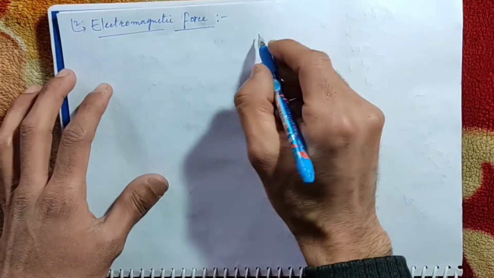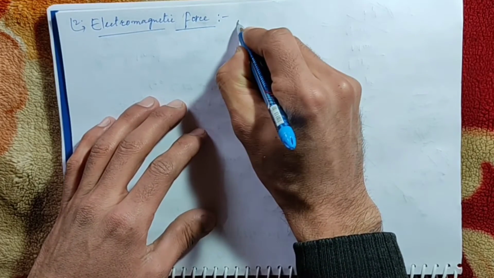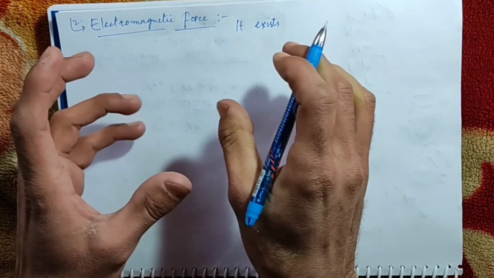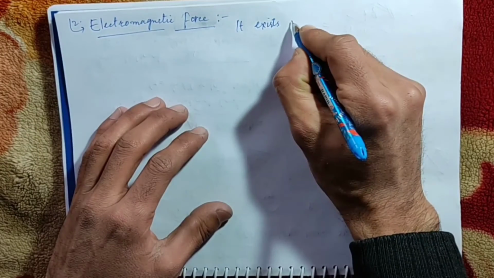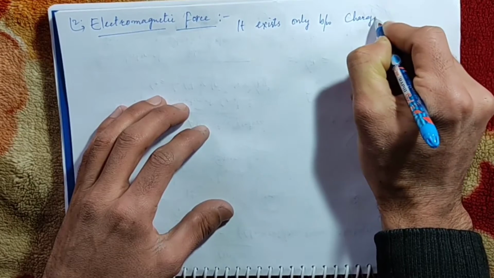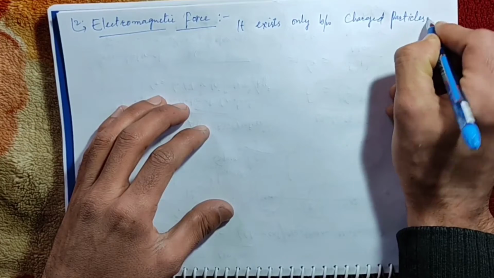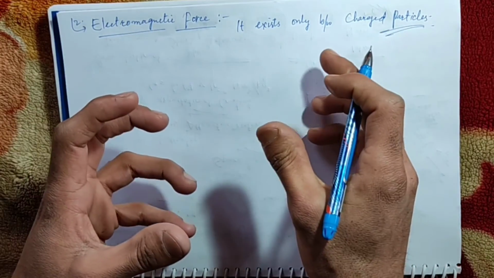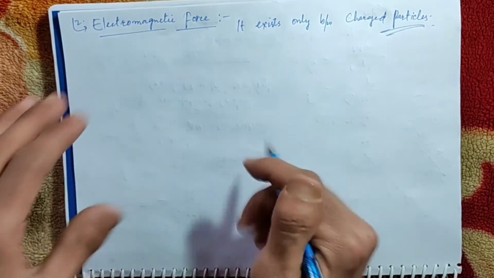You have to remember that this electromagnetic force only exists in case the particles between which it is existing are charged in nature. It exists only between charged particles. So if the bodies or systems are charged, then only this force exists.